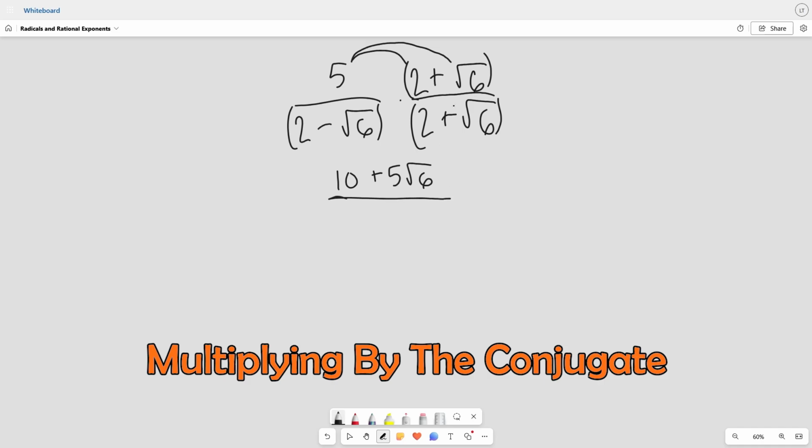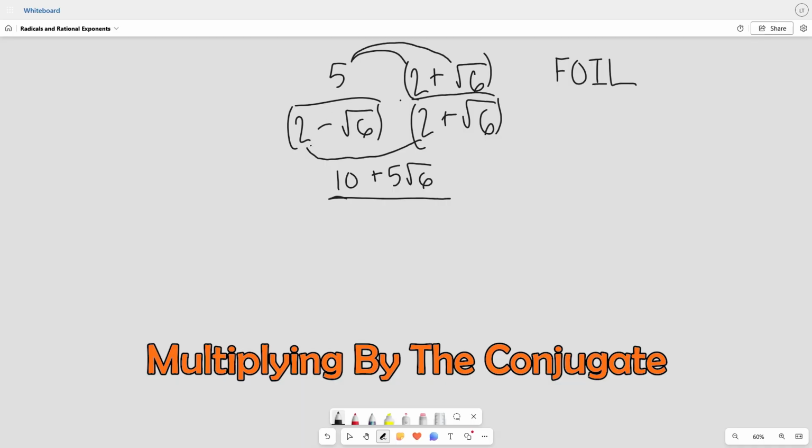over. And here is a good opportunity to introduce to you something called the FOIL method. This stands for first, outer, inner, last. So basically what you want to do here is you want to multiply the first term in each of the parentheses.